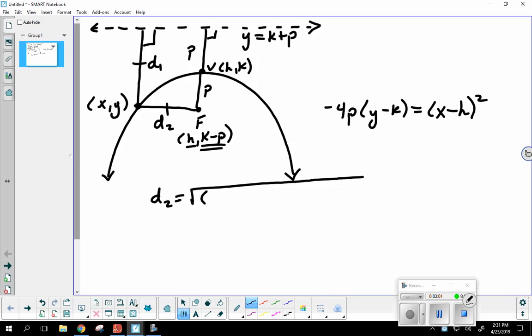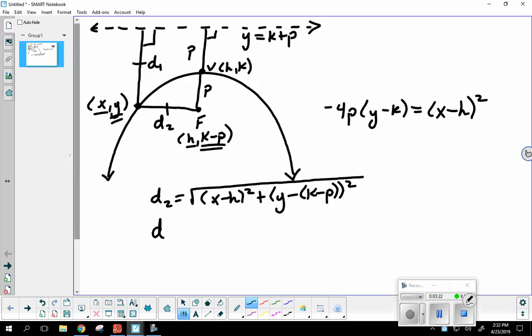So here you just use your values provided: (x minus h) squared plus (y minus (k minus p)) squared, which is y minus k plus p. That represents the distance from the point (x, y) to the focal point.